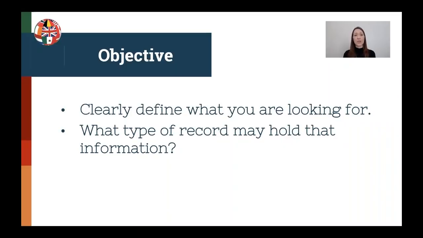Our objective needs to be clearly defined. We need to clearly define what we're looking for. We need a target to hit. We can't just throw a net out there and see what we catch. We need to have some target of what we're looking for. And then we're going to ask ourselves what type of record might hold that information.